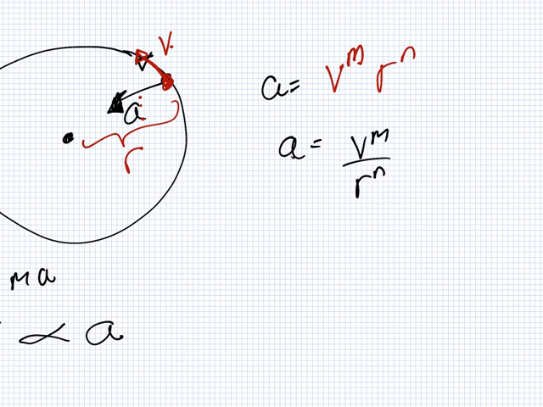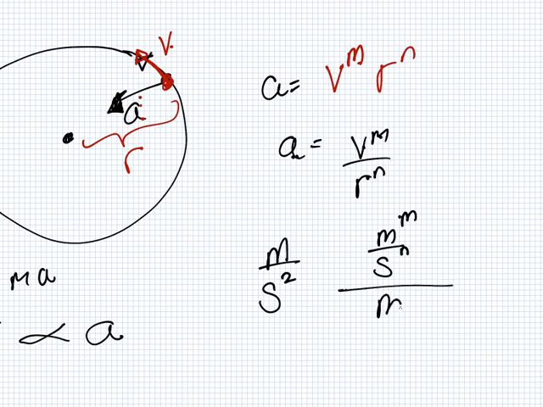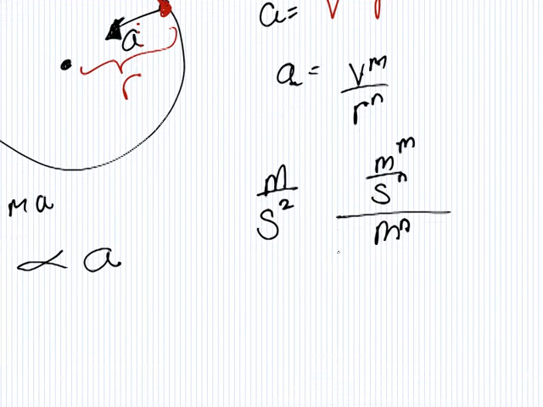So what unit is A? Meters per second squared. And what unit is the V? Meters per second, but we have M of them. Yeah, that's obviously a different M, and this one is N. And what unit is the R? Meters, to the power N. So I just cleaned this up.